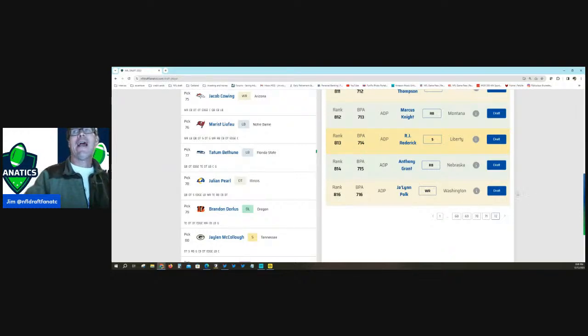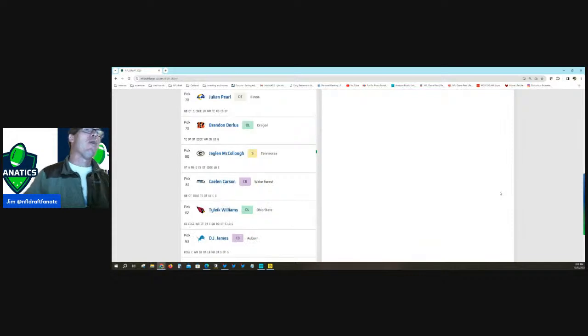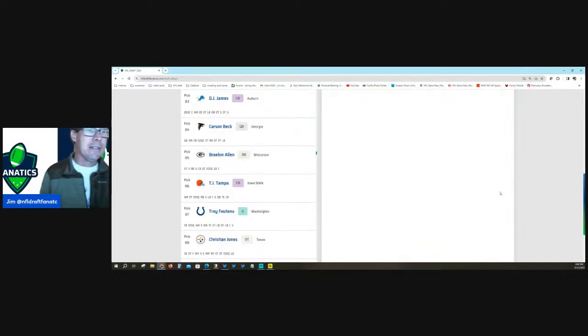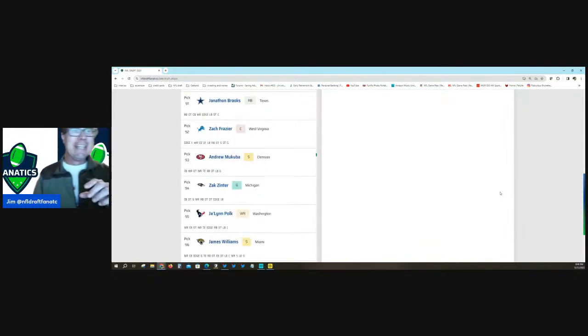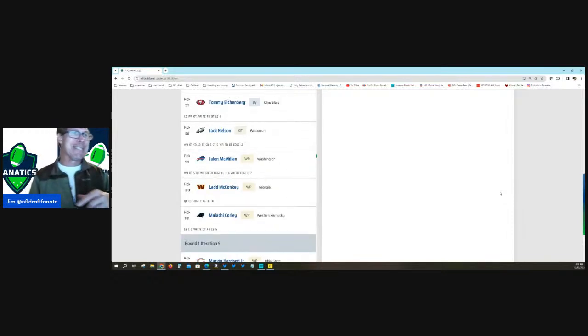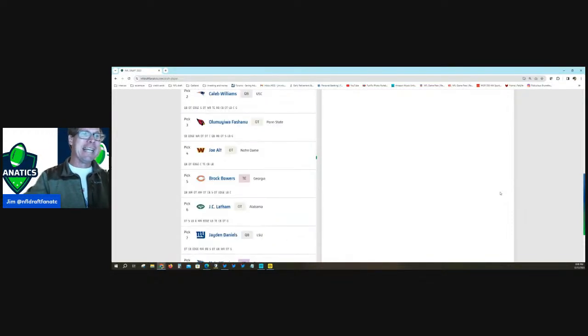Sometimes when it subtracts, the player you want is actually at the very bottom of the draft card. This time I knew that player was going to be there, but that's not always the case.